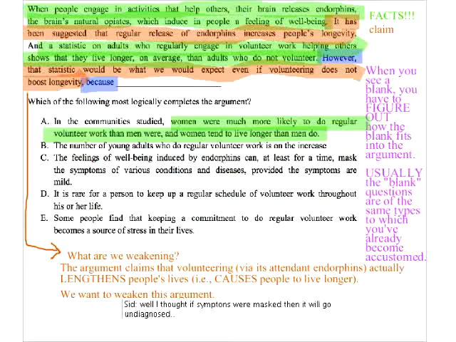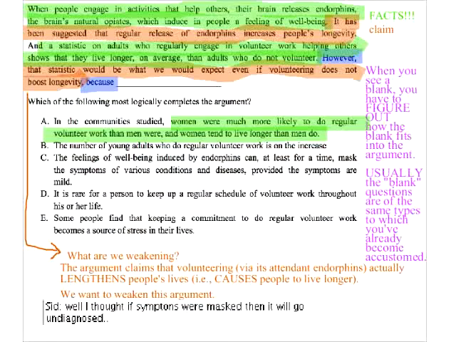This is what Sid read: if symptoms were masked, then it'll go undiagnosed. There's two things wrong there. The first is that if this were the case, then you would expect an effect in which endorphins shorten your life. But the fact is that, let's see, volunteering, even if volunteering does not boost longevity.